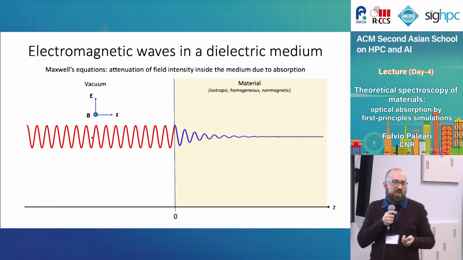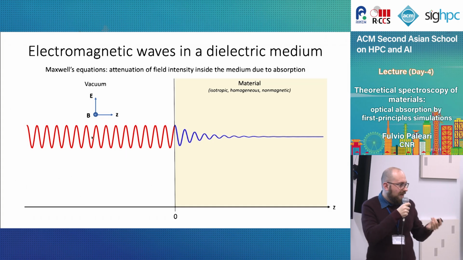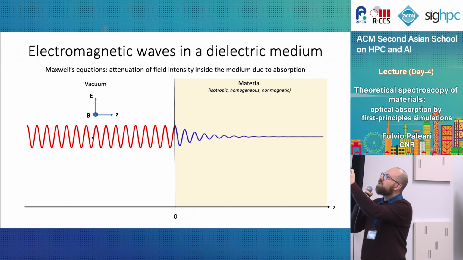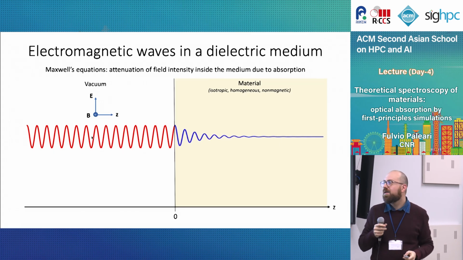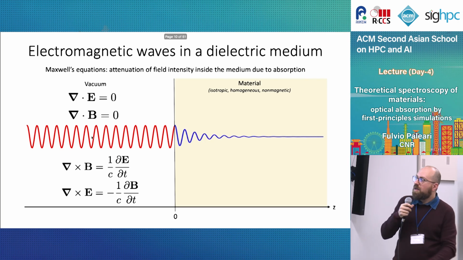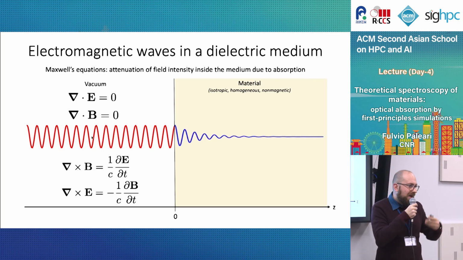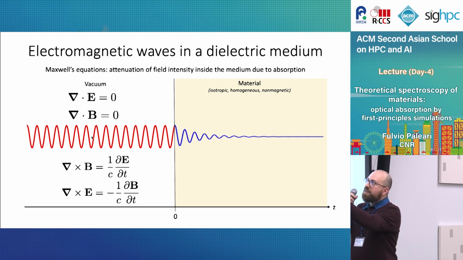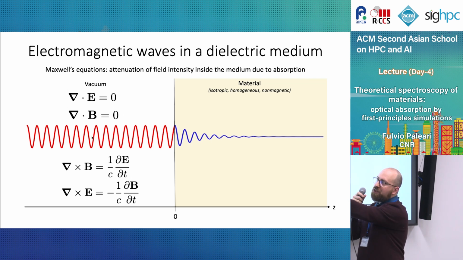And we can describe this with Maxwell's equations, for example, right? So we make the assumption that the material is isotropic, homogeneous, and non-magnetic to simplify everything. And then on this side, we have the simplest possible form of Maxwell's equations for the electric and magnetic fields, where there are no sources of the fields, no charges, no currents.